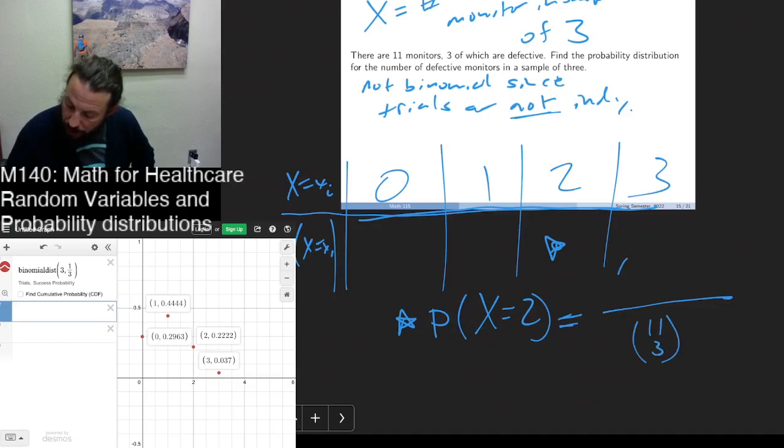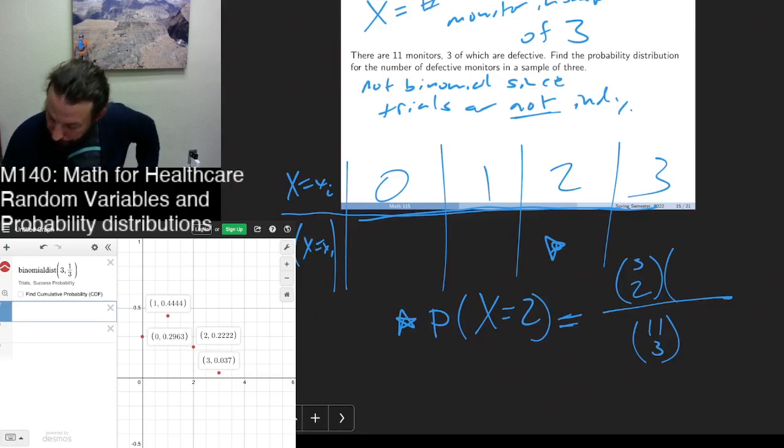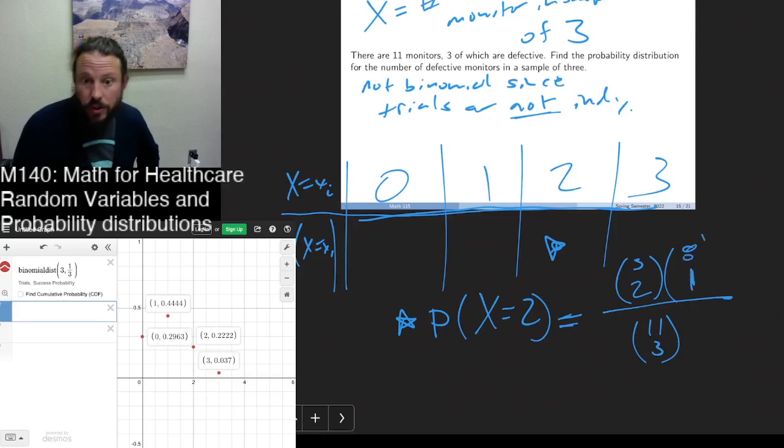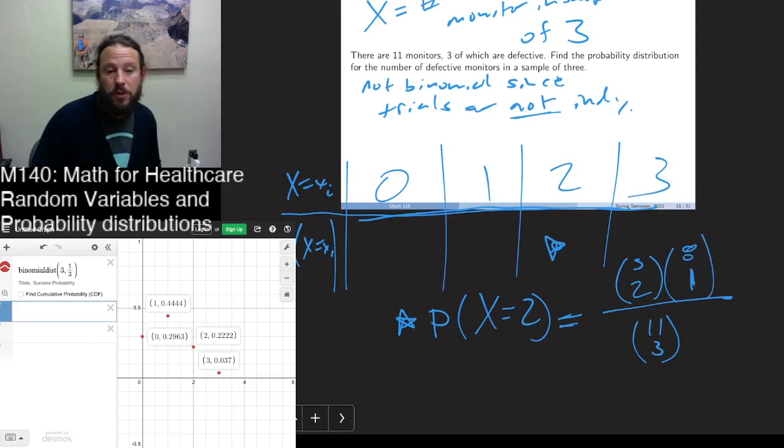And then in the numerator, we separate them. We have 3 bad ones. We want to know about getting 2 of them. And now we have how many good ones? That's 8 good ones, and we have 1 left to choose, right? Do we remember these types of problems?